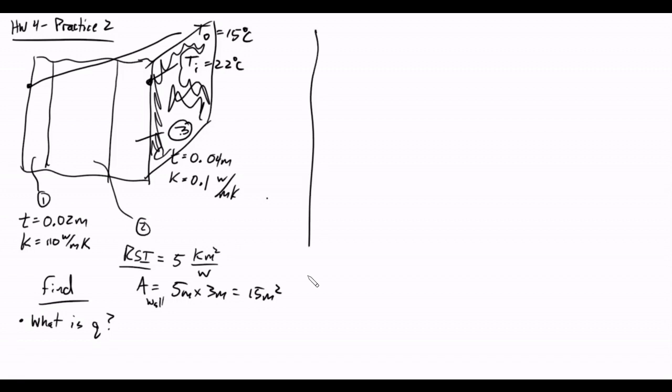All right, so let's do it. Analysis. All right, so we're asked to find Q. We know resistances or information to get resistance, and we know temperatures on the inside and outside. So we are going to use a thermal circuit.